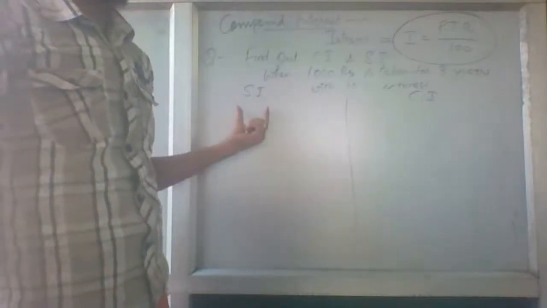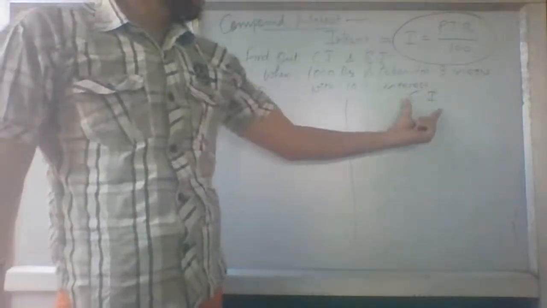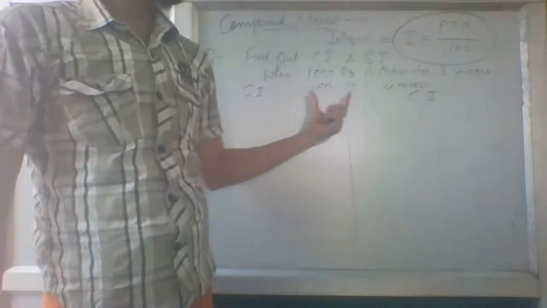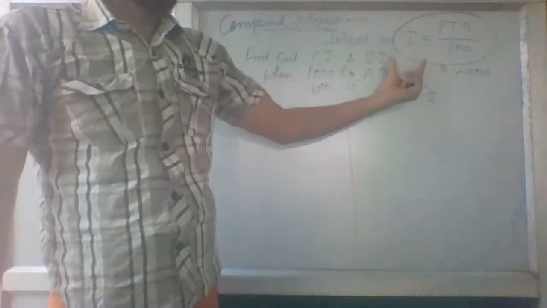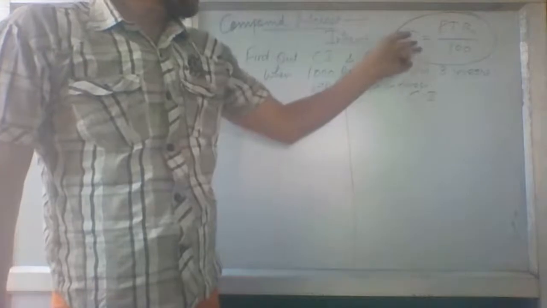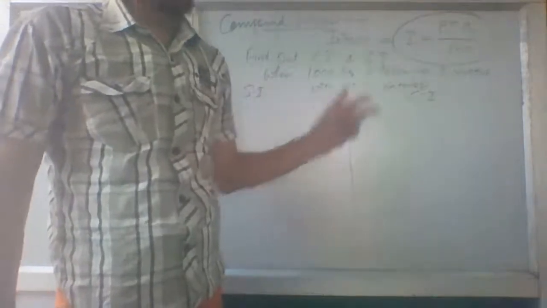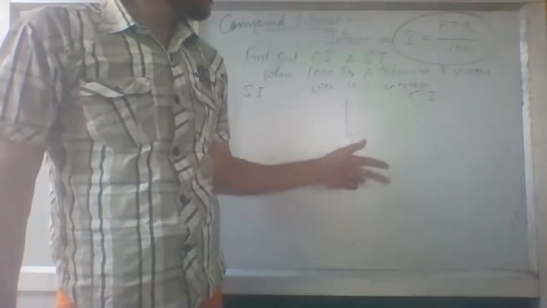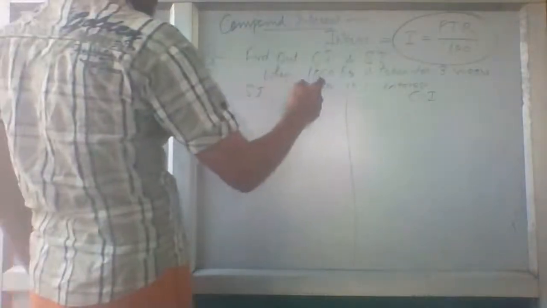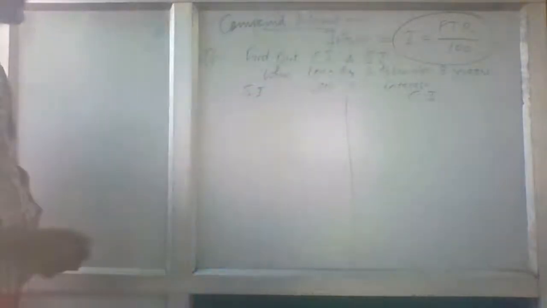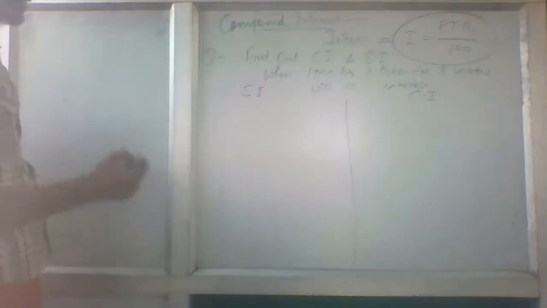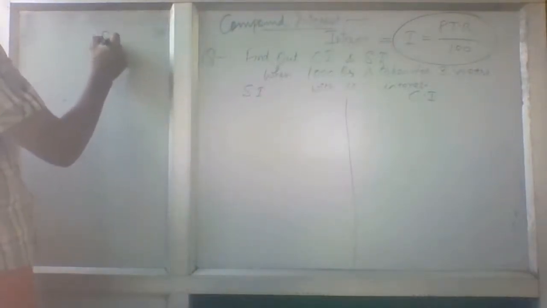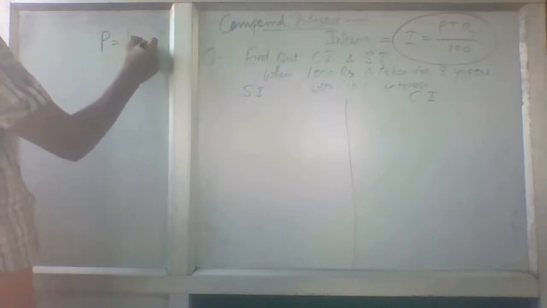For taking out the simple interest and the compound interest, I am going to use this formula. So you can simply understand how important this formula is. But now see the question by yourself. When 1000 rupees is taken, the principal P will be 1000 rupees.